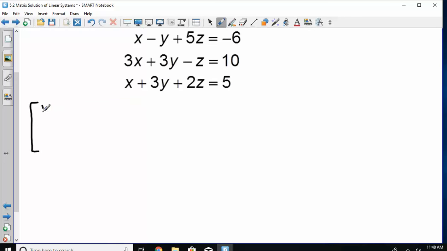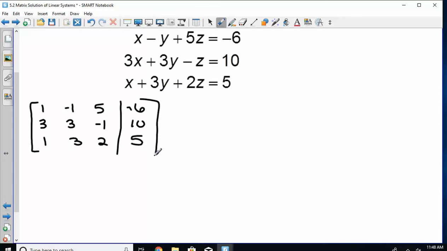So the first matrix would be 1, negative 1, 5, negative 6. All right.